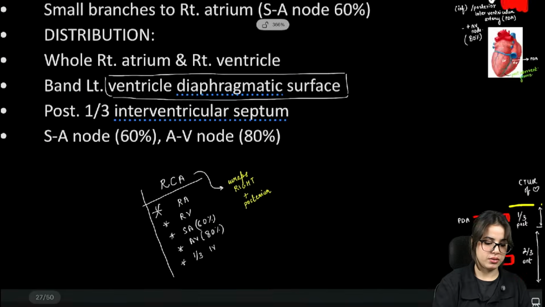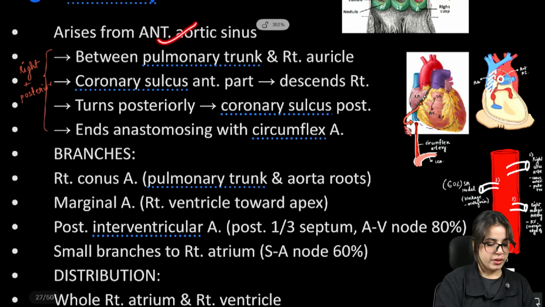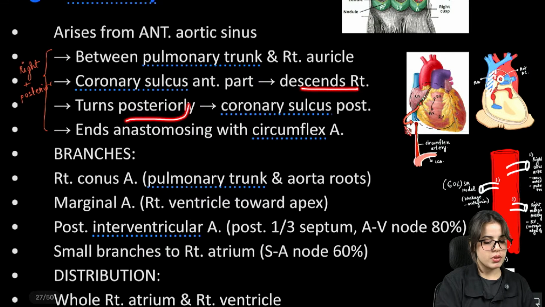That's what's written here. Let's read. Arises from the anterior aortic sinus, between the pulmonary trunk and right auricle, goes through the coronary sulcus, descends, turns posteriorly, coronary sulcus posterior, ends anastomosing with the circumflex artery.